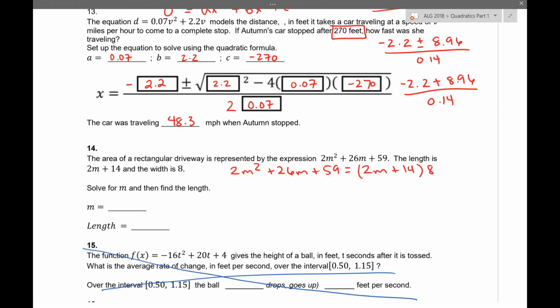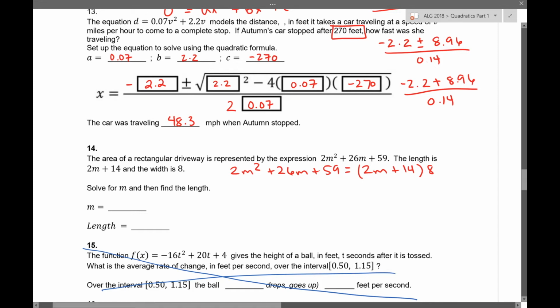If I want to solve this, the first thing I need to do is multiply the 8 by the 2 and by the 14. So I get 16m here, and 8 times 14 is a positive 112. I'm going to bring everything else down. Now I'm going to combine like terms: the m terms and the 112 with the 59.